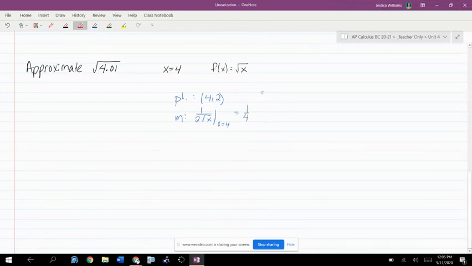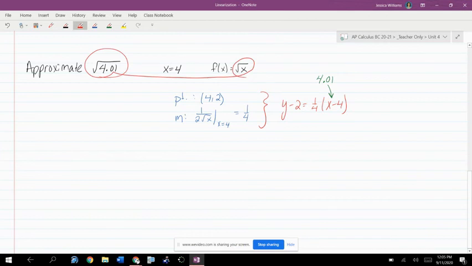So my tangent line is y minus 2 equals m times x minus 4. Great. Now I want to put into x the x I'm looking for, which is 4.01. Please don't put the square root of 4.01 in. The explanation as to why is just as simple as this is what you're using and this is what you got. So I'll write it.